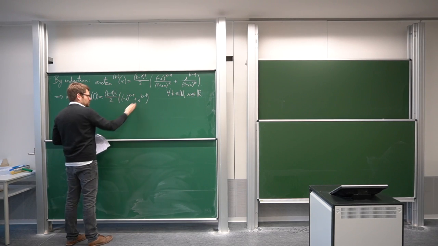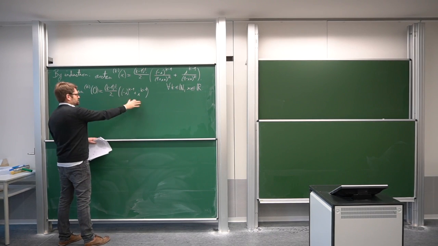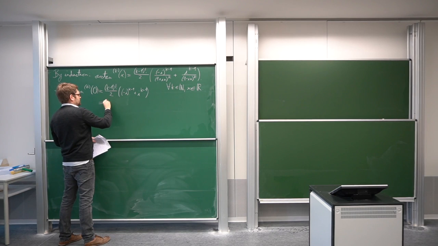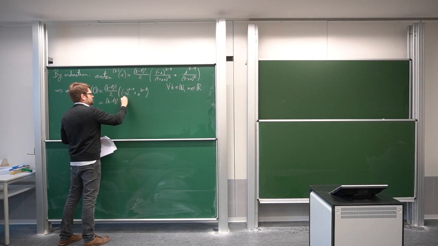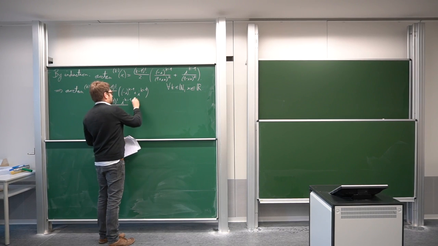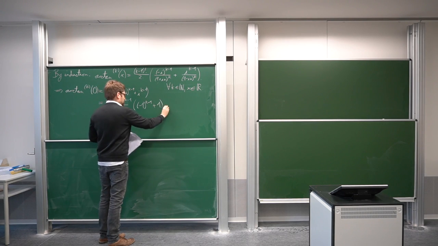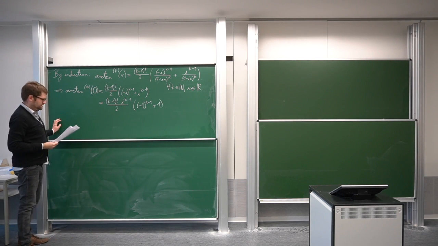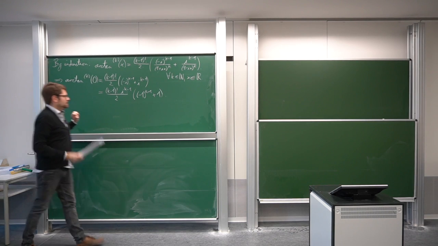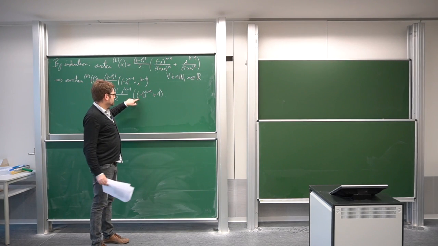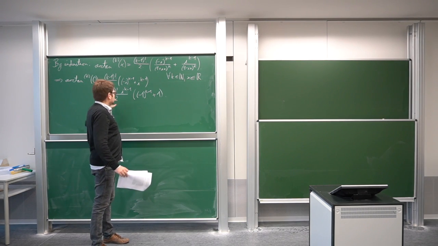And to simplify this, we pull an i to the k minus 1 out of the parentheses. So we get (k minus 1) factorial times i to the power of k minus 1 divided by 2. And here we get (minus 1) to the k minus 1 left, and this is simply 1. Okay, from this expression you can already see something quite simple, namely if this is minus 1, then this here of course vanishes, so the derivative vanishes.